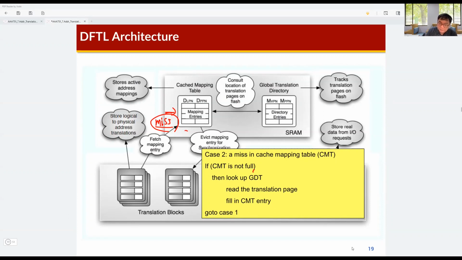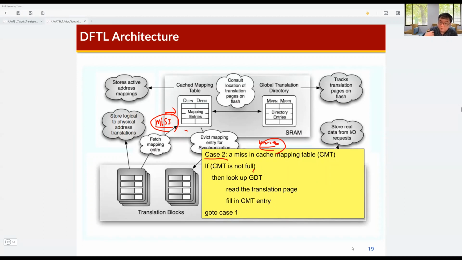So if the CMT is not full, then the miss happens in the cache, and if the cache is not full, then we can just allocate the new data to the cache. Okay. So this is case 2.